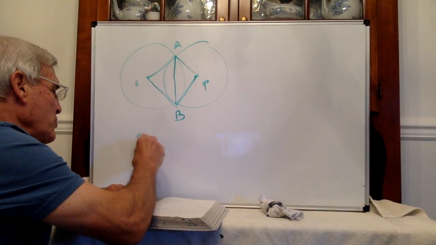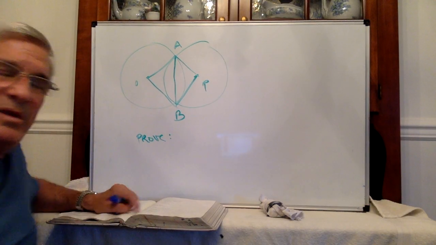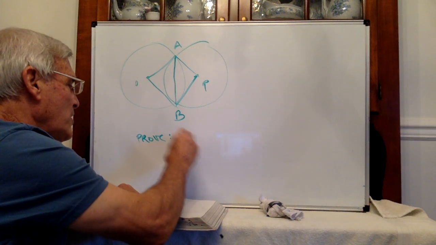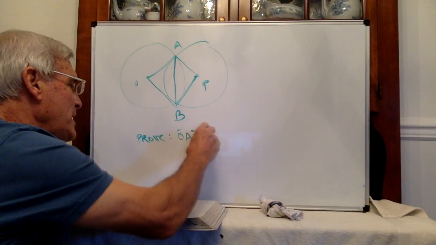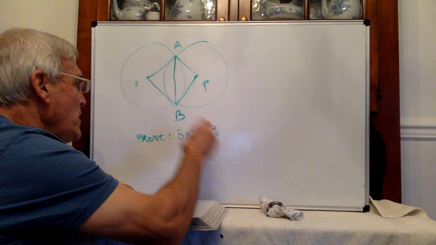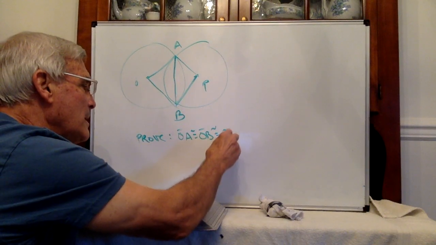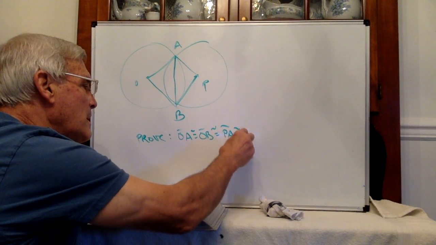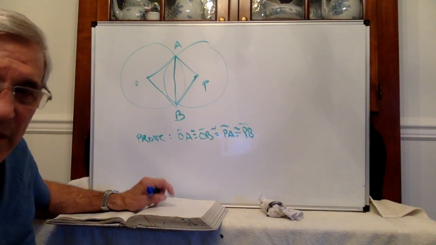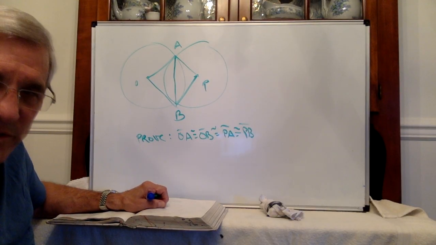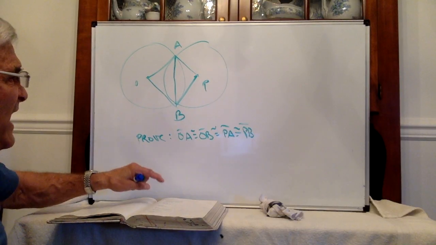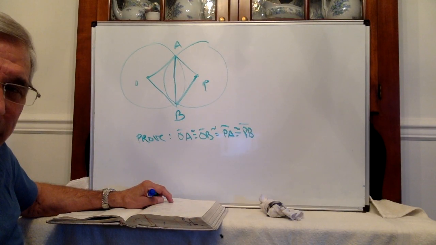So what I want to prove: if you can prove OA is congruent to OB, PA, and PB, if I can prove all four of these line segments are congruent, I'm done. It's equilateral. That was the definition. So we have to prove that all four of these things are congruent.